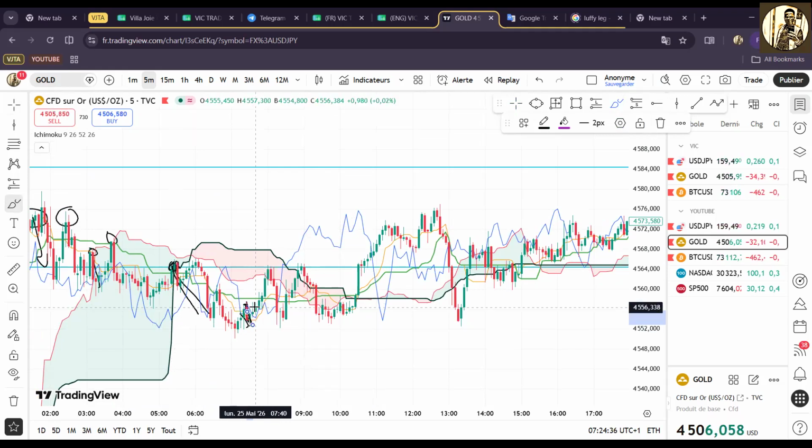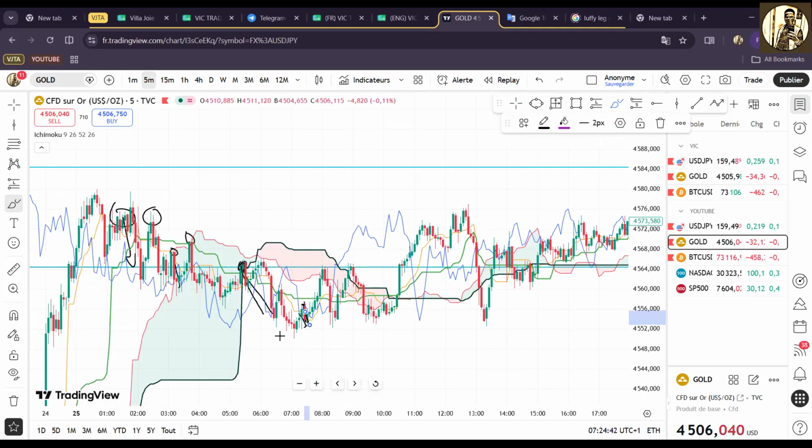That's why I don't use Tenkan in 5 minutes and 1 minute, because when the price goes to Tenkan, the market has already moved down. I mean, in low time frame, in small time frame, the market has already moved down. Even here, even this Tenkan, the market has already moved down for a long moment.